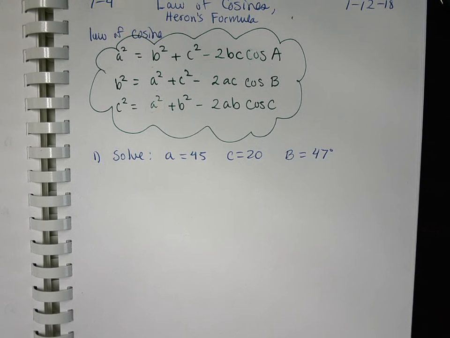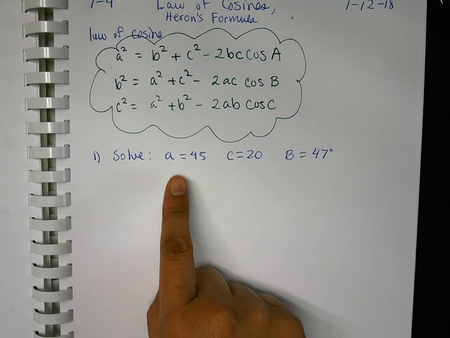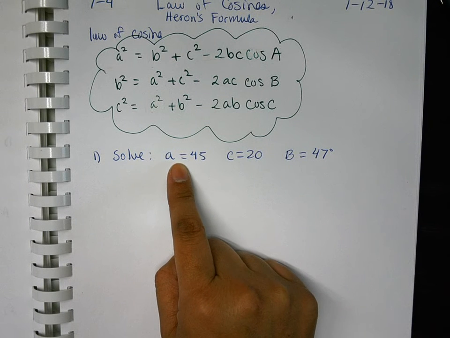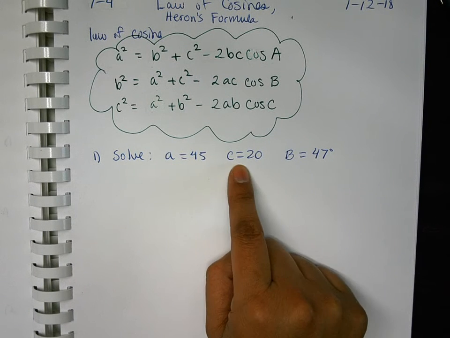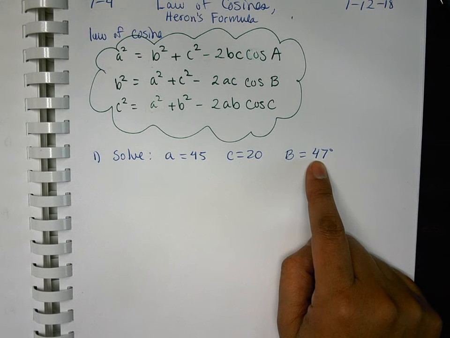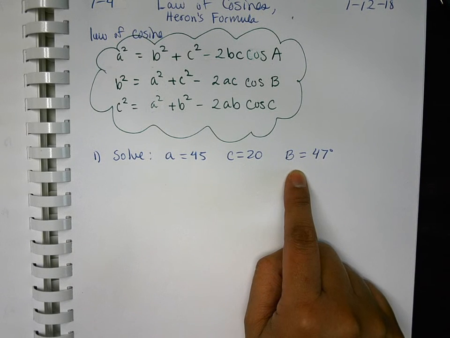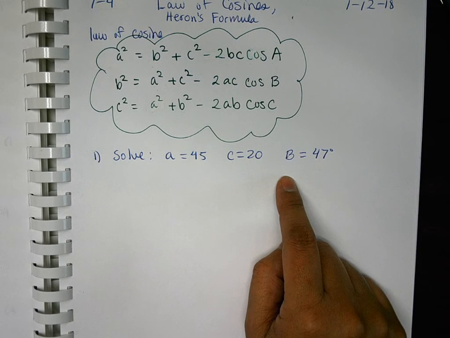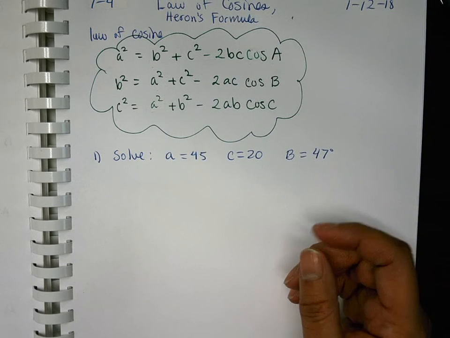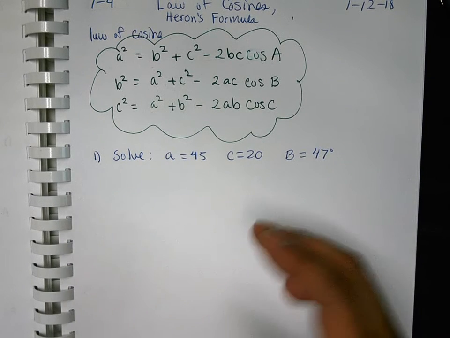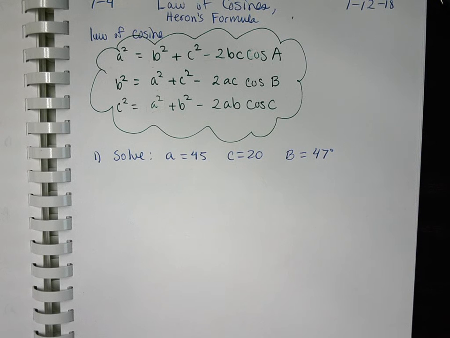You're going to use law of sines when you have an angle and its matching side. I have side A. Do I have angle A? I have side C. Do I have angle C? I have angle B, but I'm missing side B. So do you see how we cannot use the law of sines here? You need angle A and side A, or angle B and side B, or angle C and side C, so that you can set up your proportions.